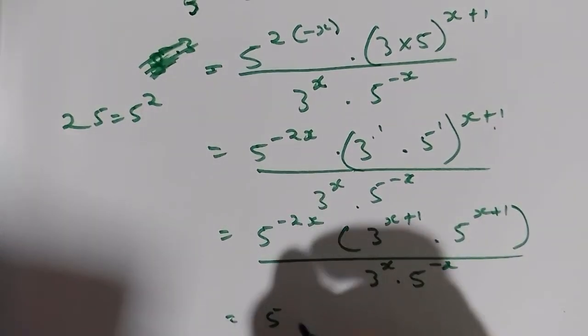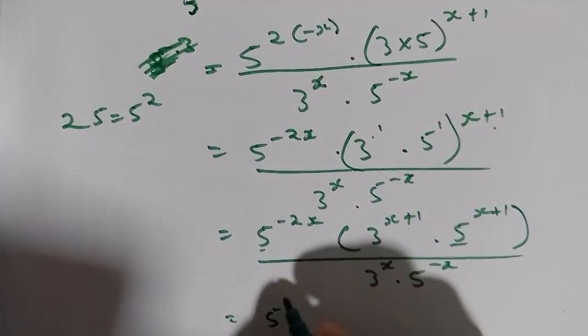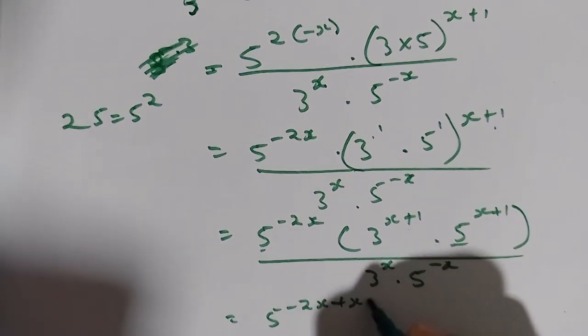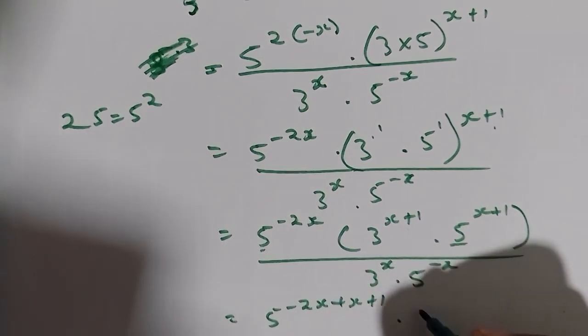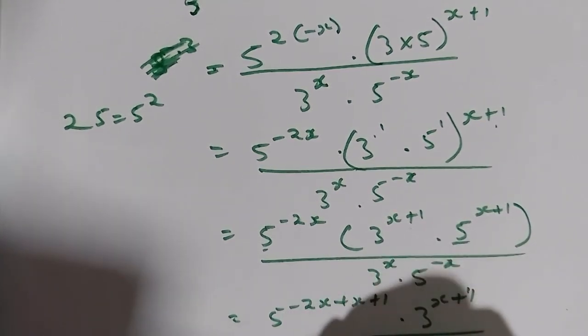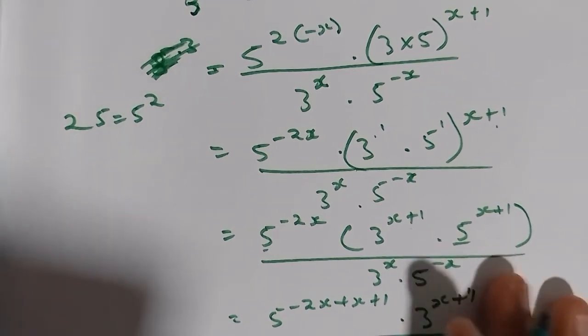This one I have common bases, I can just take 1 and say 5 to the power minus 2x plus x plus 1 multiplied by 3 to the power x plus 1, all over 3 to the power x multiplied by 5 to the power minus x, right?